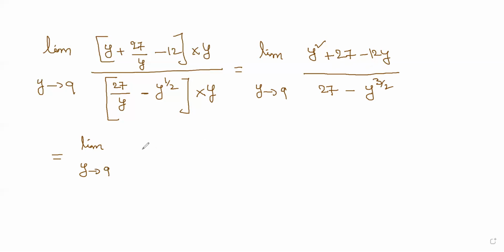This one can be written as y square minus 12y plus 27, whole divided by, for convenience sake, I will take a negative sign. This is y power 3 by 2 minus, I will put it as 9 power 3 by 2.